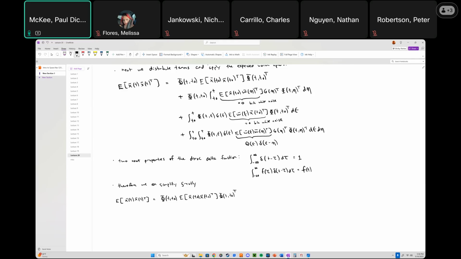So that's the first term from above. And then we've got the last term, which is going to drop from a double integral to a single integral because of this Dirac delta property. So we've said that the integral forever of a function times Dirac delta is just the function.